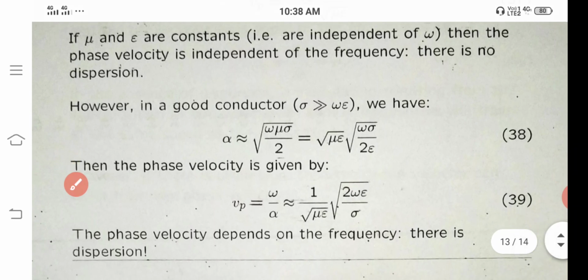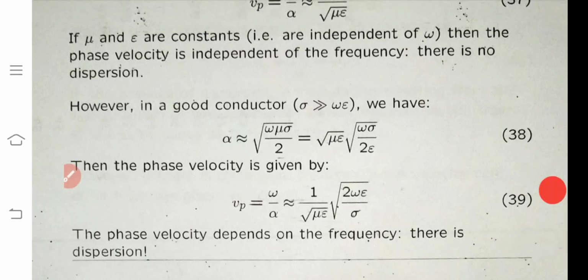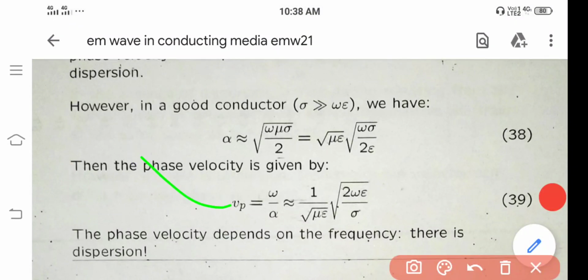For good conductors, alpha equals root of omega mu sigma upon 2, so the phase velocity Vp, omega upon alpha, can be written as root of 2 omega upon mu sigma. The phase velocity depends on the frequency, so there is dispersion.